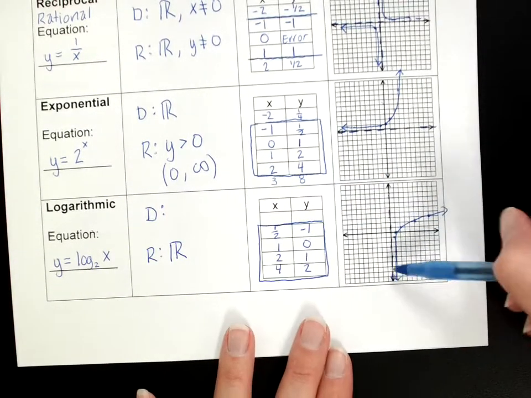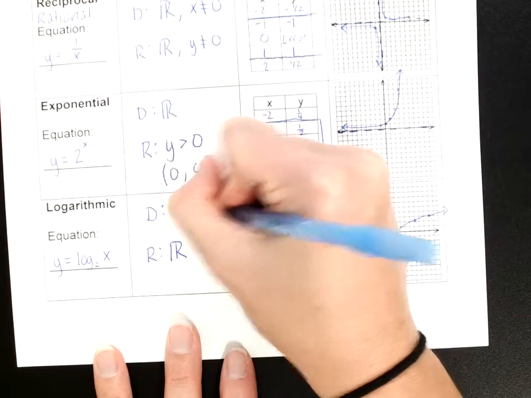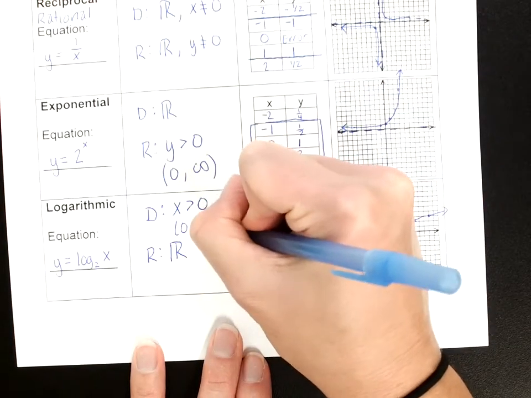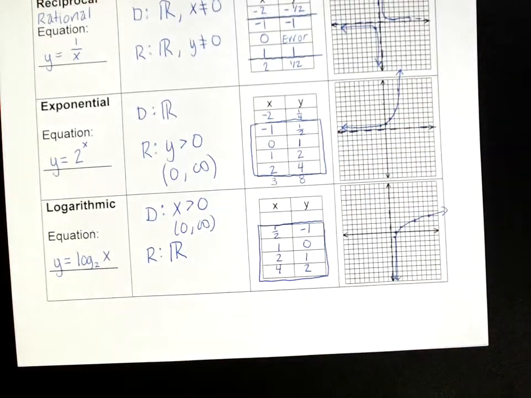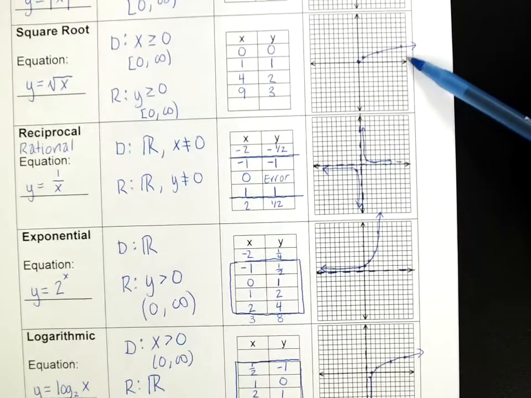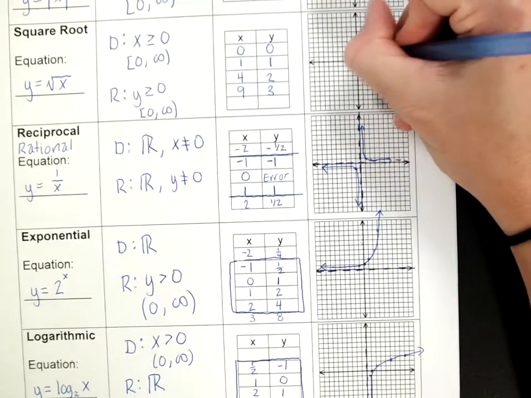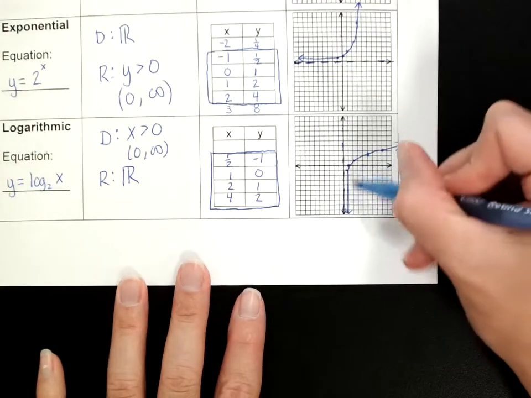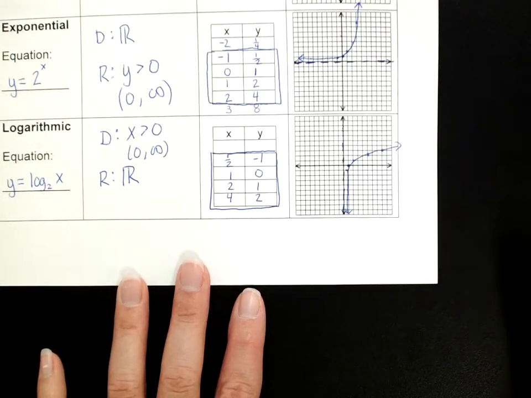The domain is going to be x is greater than 0, or again, if you prefer interval notation, from 0 to infinity. I would also like to point out the similarity between this graph and our square root graph. Notice the square root graph actually touches here at 0 and stops. For the logarithmic graph, it continues on infinitely down. So pay attention to some of the differences between this.